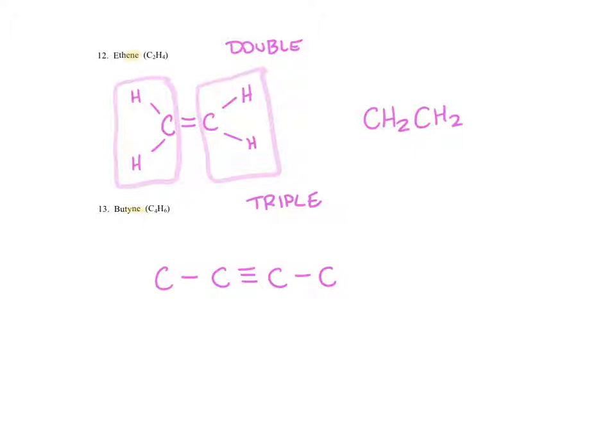Again, I fill in the H's according to the octet rule. This C right now only has 1 bond, 2 electrons, so it needs 1, 2, 3 hydrogens.